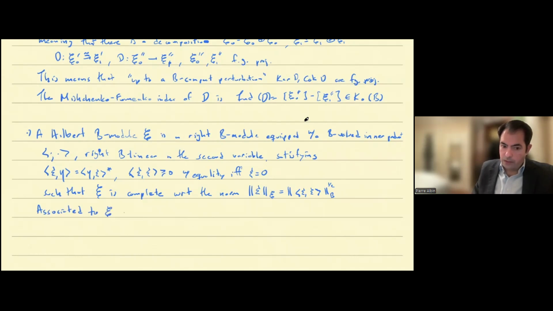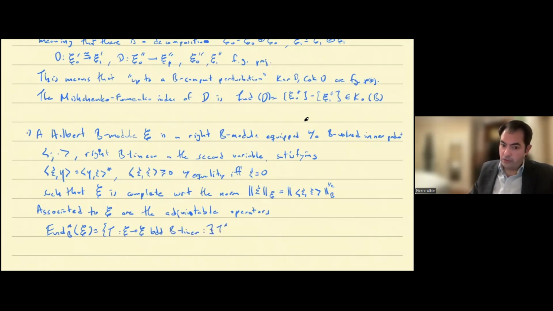Associated to E are the adjoinable operators, B star E. So these would be maps from E to E that are bounded and B linear and that have an adjoint.